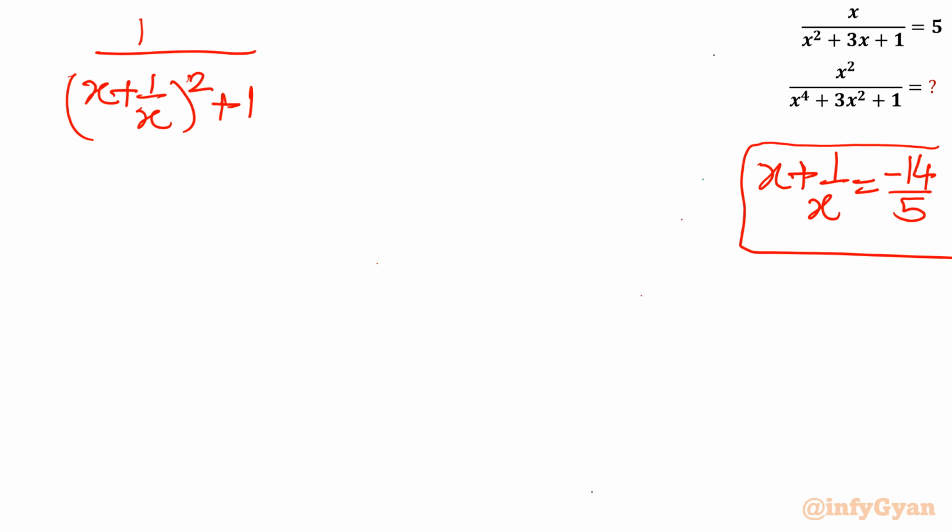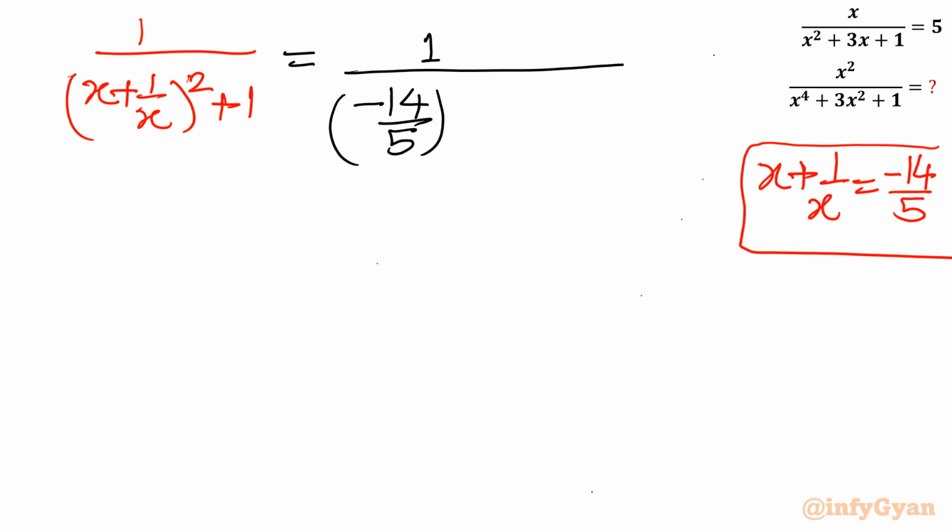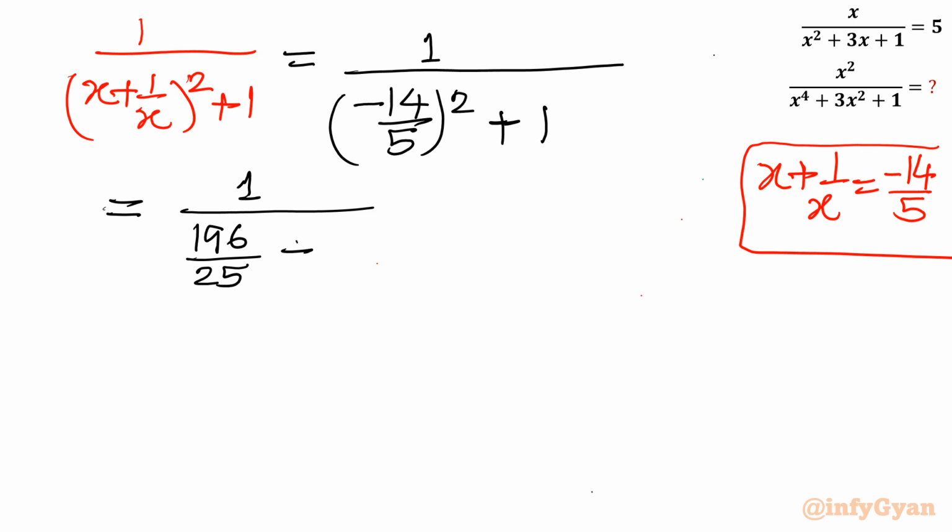Let's put the value and find out our expression evaluation. So I will write 1 over minus 14 over 5 whole square plus 1. In the next step, I will write 1 over 14 square is 196, 5 square is 25, minus square is plus. So this will become our expression value. Now I will consider the LCM.